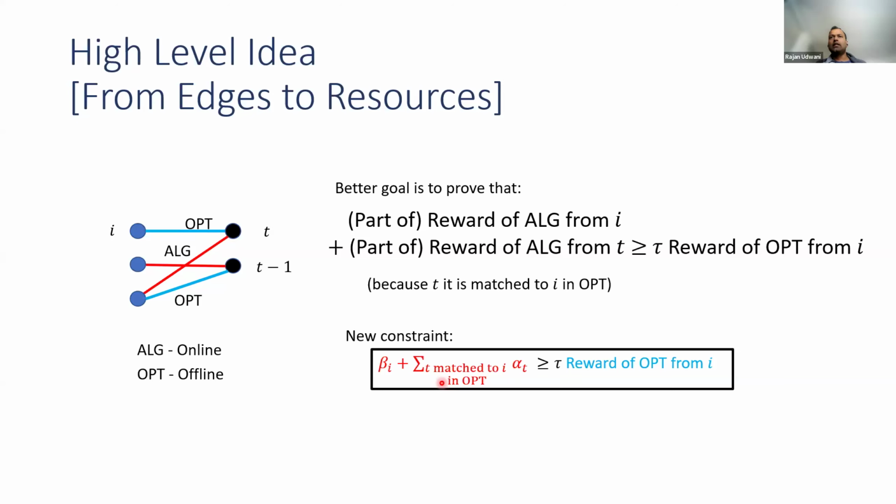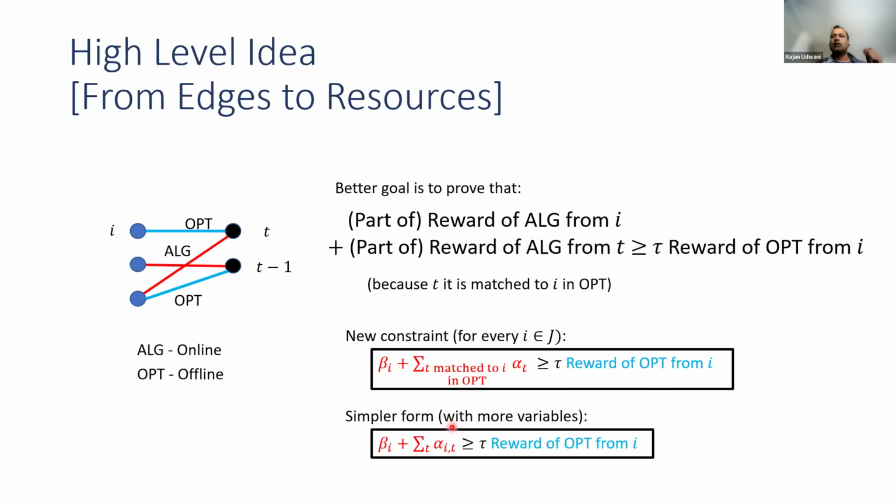One other way to look at this kind of a constraint is that instead of looking at this alpha T where I'm summing over some specific T, let me just look at alpha IT. Now I have more dual variables and I just sum over all the arrivals T. So this gives us a simpler form of the kind of constraint that we want to go towards.